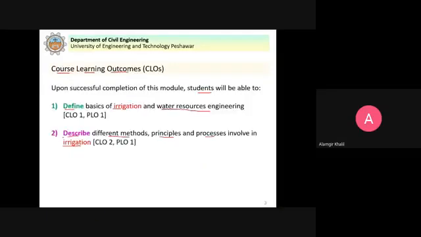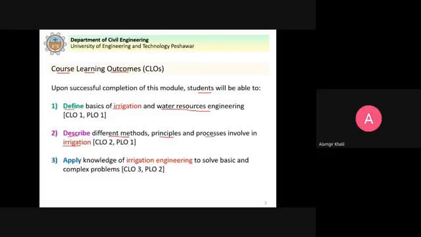You should be able to describe all these that are involved in irrigation. And the third CLO is to apply the knowledge of irrigation engineering to solve basic and complex problems.